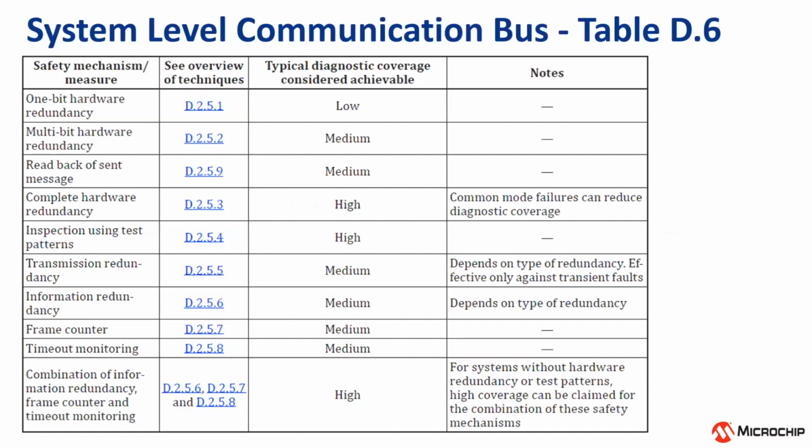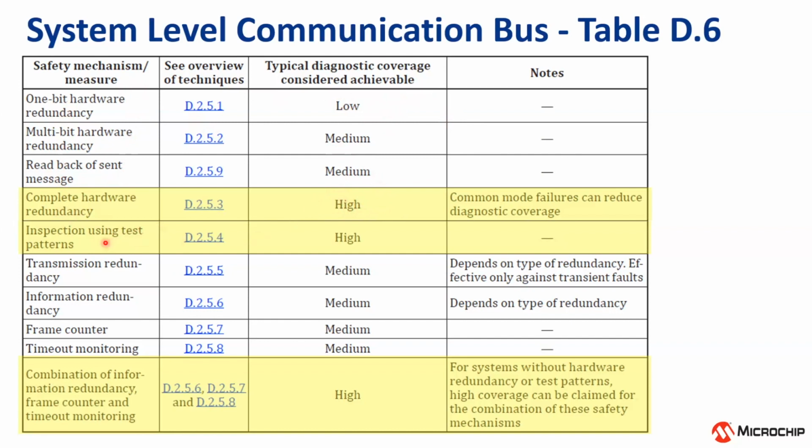This is the table right out of ISO 26262, and it gives us some great information here. So we said we needed high diagnostic coverage. Here we go. It's going to tell us, here's your typical diagnostic coverage that's considered achievable. If we're just doing some of these maybe more simple safety mechanisms and communication techniques, we can achieve low and medium. But when we get up to complete hardware redundancy here, we can have a high diagnostic coverage.